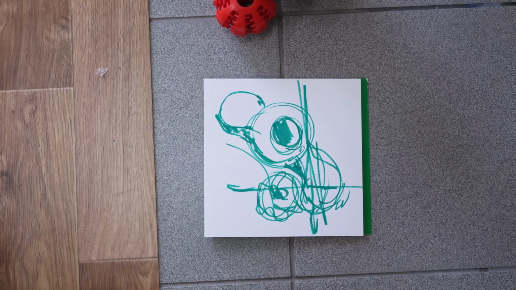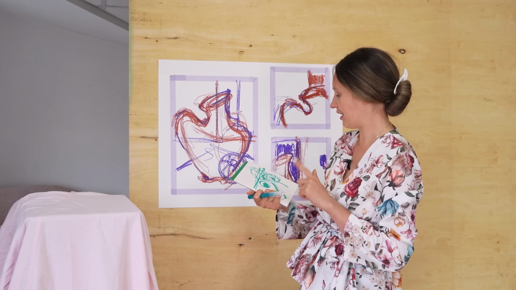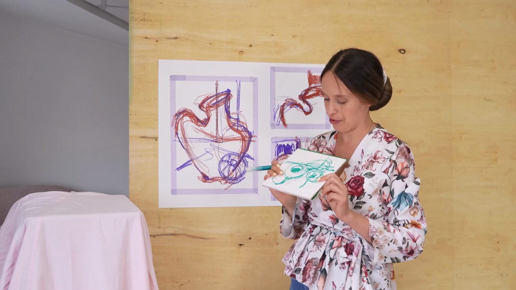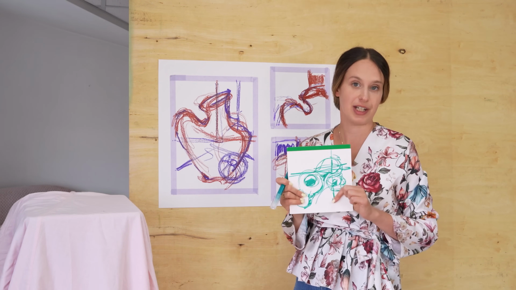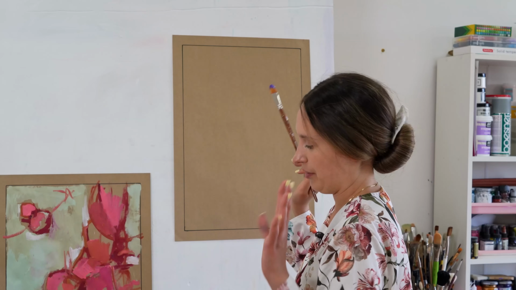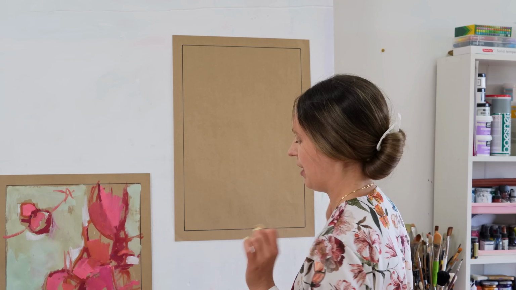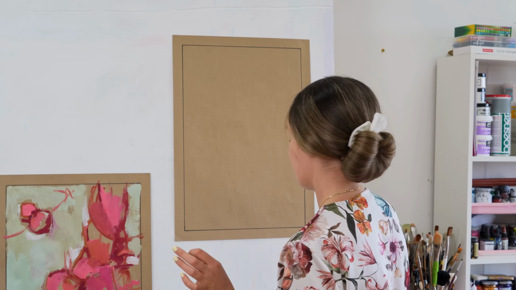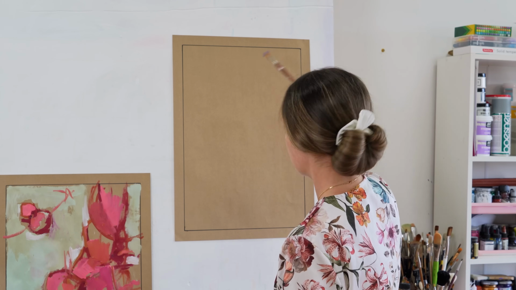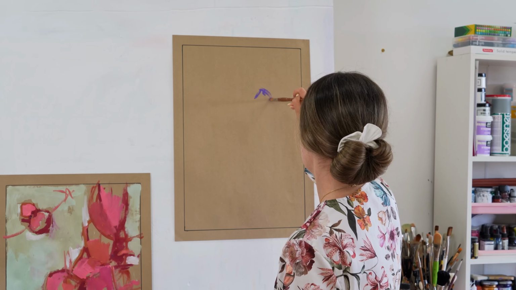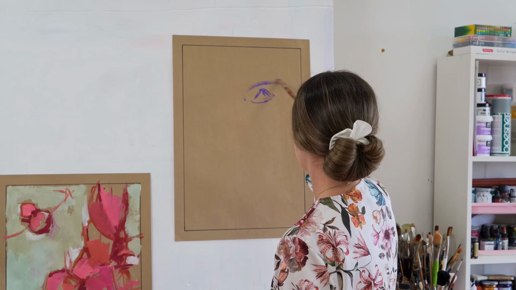Now I just want to choose the one that I'm going to paint, and I think I like the aerial view the most. So I'm going to take it as a reference and create the last color study of this principle. I'm going to use the aerial view, but I'm going to crop it even extra to create even more interest.